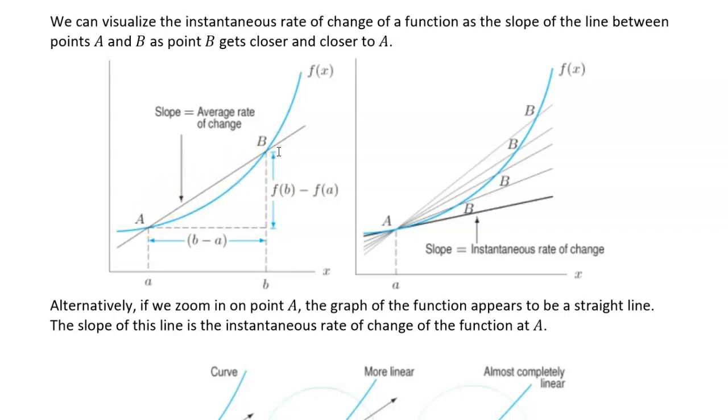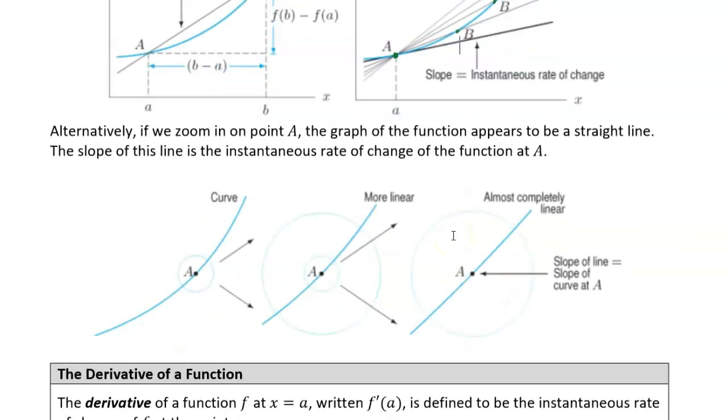If we're trying to find the instantaneous rate of change at this point A, then we can find the average rate of change over intervals that are closer and closer together, so that this B value is getting closer and closer to A. We can get as close as we like, and we can look at what that slope is approaching in order to determine the instantaneous rate of change at the point A.